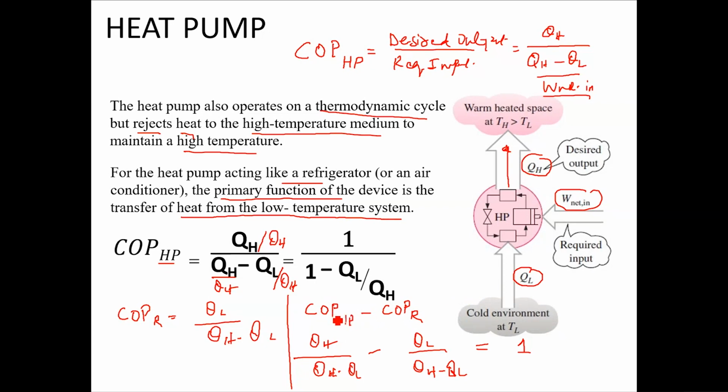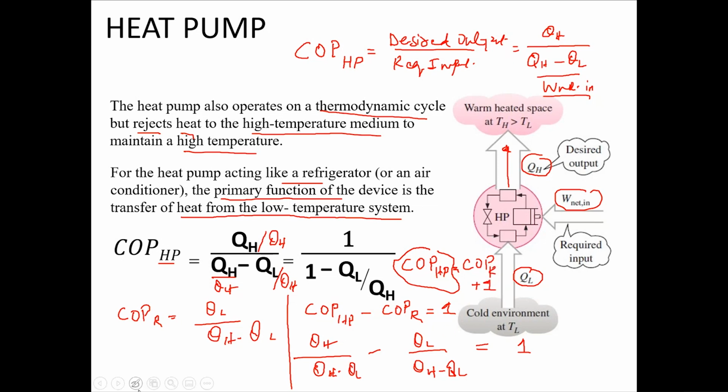So I can write COP of heat pump minus COP of refrigerant is essentially equal to 1, or I can write it in this way that COP of heat pump would essentially be equal to COP of refrigerant plus 1. That means the coefficient of performance of a heat pump under the same conditions would be greater than the coefficient of performance of a refrigerant.